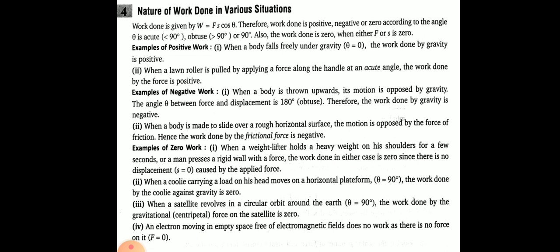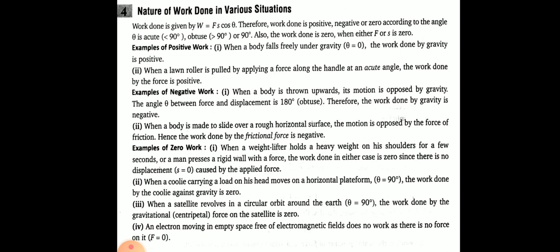Sometimes force and displacement are such that the angle between them is less than 90 degrees, and if the angle is less than 90 degrees, the value of cos theta is positive. In such a condition, work is positive, and positive work means work is done by the system.